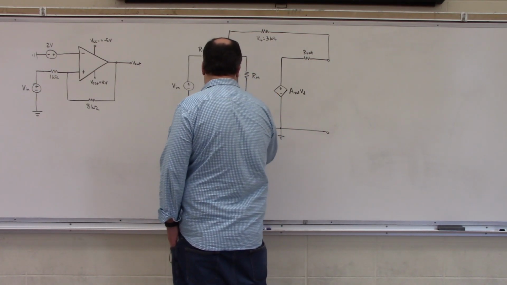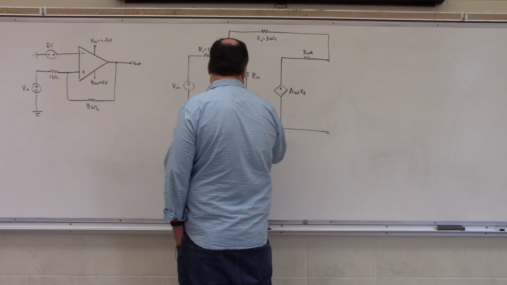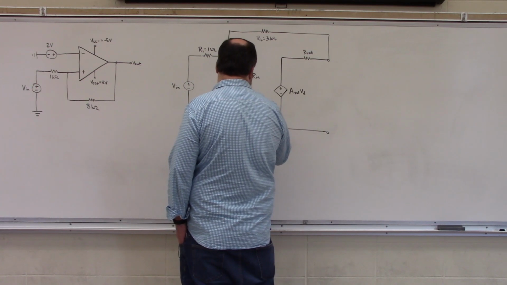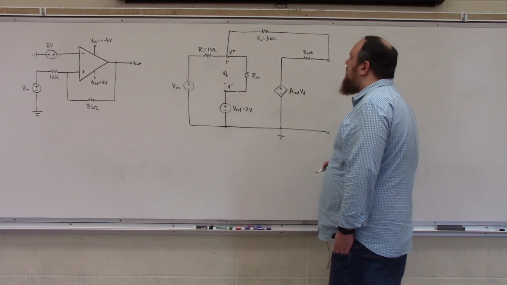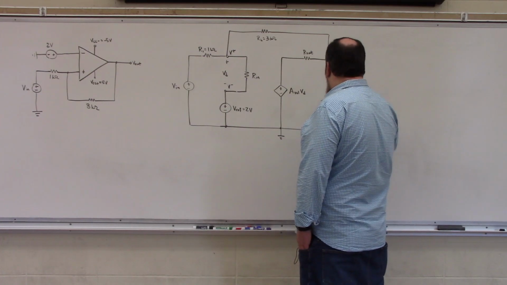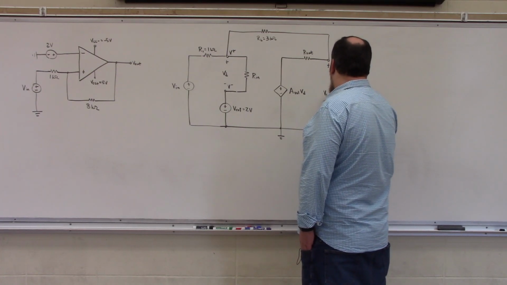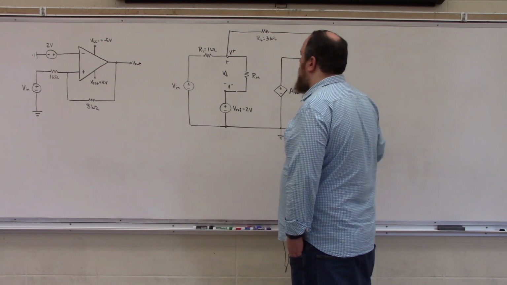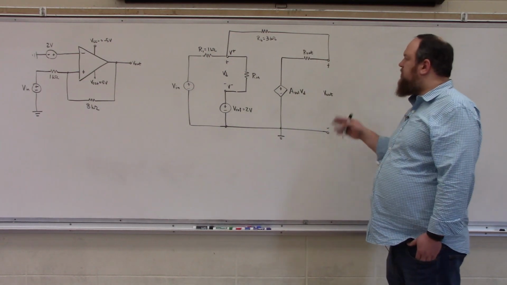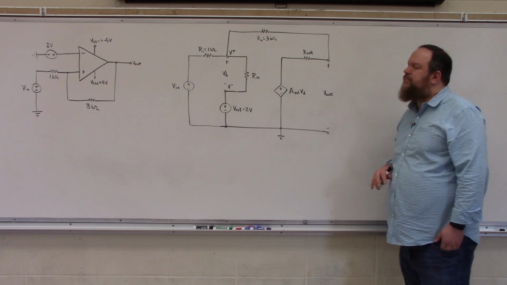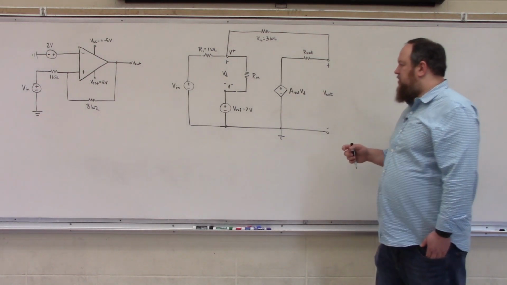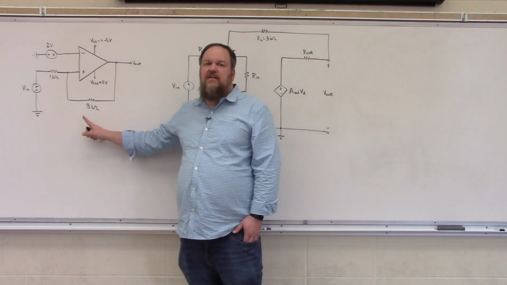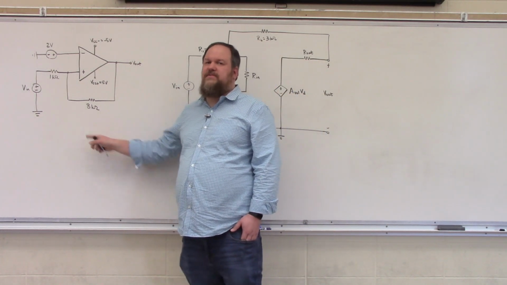So here's my reference voltage. Vref is equal to 2 volts. And lastly, I have an output voltage that is measured with respect to ground here. No load resistance or anything like that connected to it. Okay, so this is the practical op-amp model representation of this positive feedback op-amp circuit.